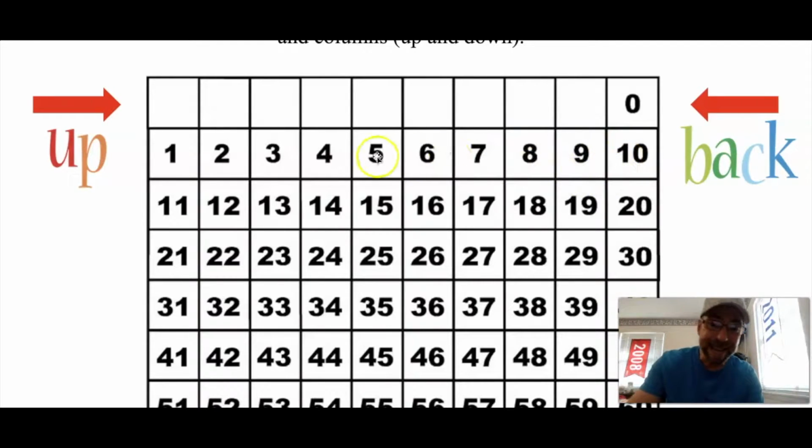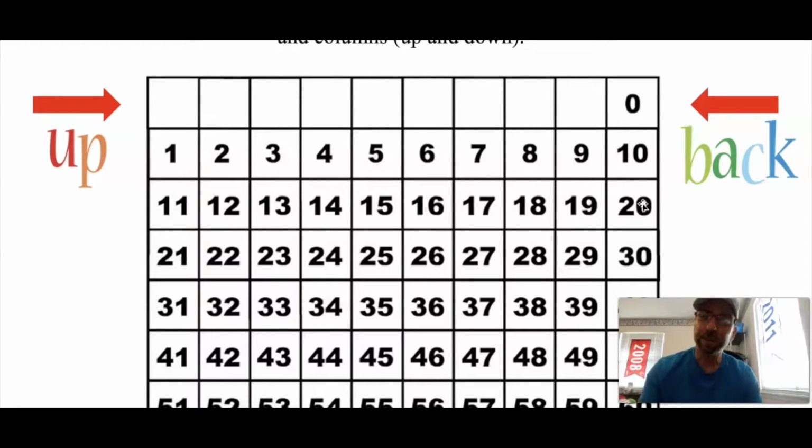And then on the next line, I have 10 more numbers. 11, 12, 13, 14, 15, 16, 17, 18, 19, 20. So you can see on a number grid, we only have 10 numbers in a row going across. So it allows for us to take a look at some patterns in numbers.